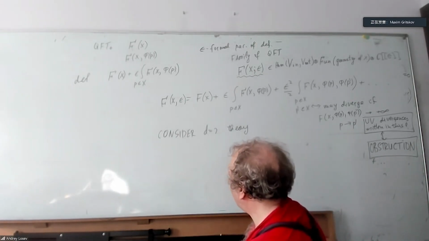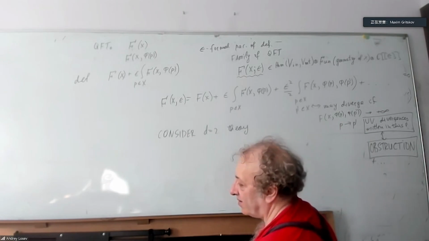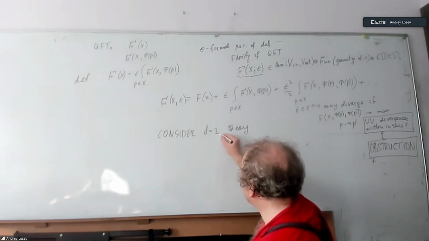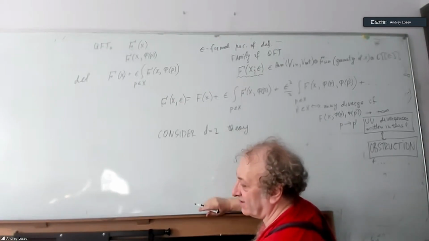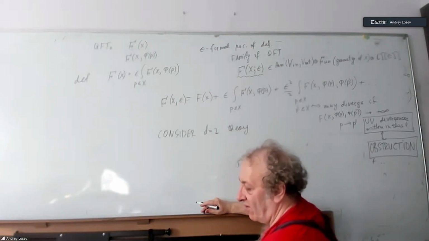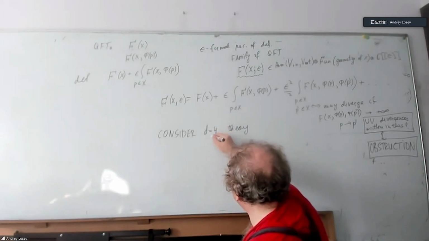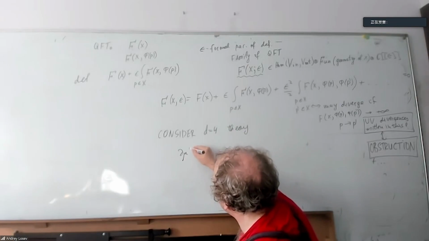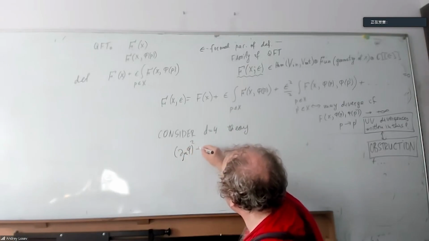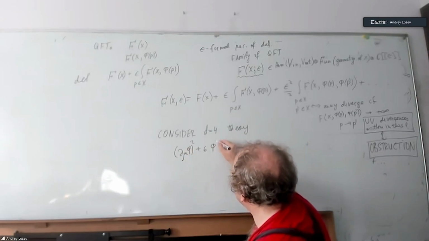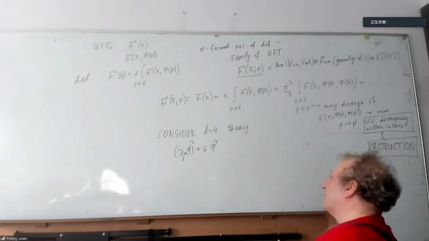Why is there log? We consider dimension 2. Okay. Consider D equals 4 theory, plus epsilon phi to the 4th.